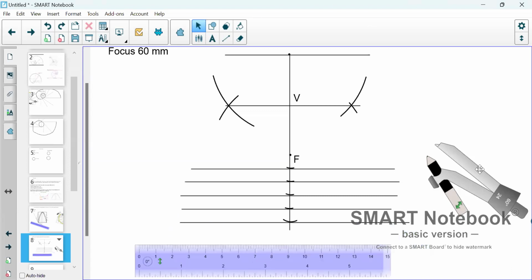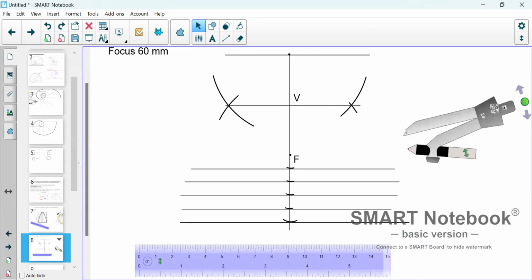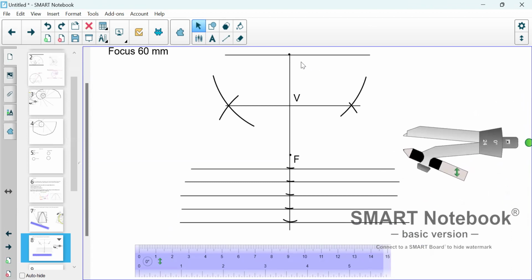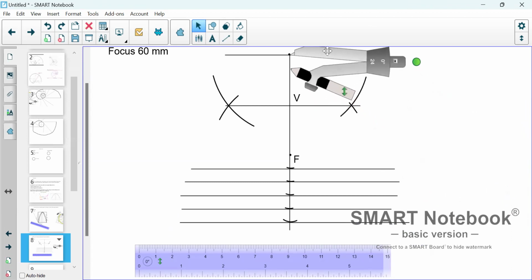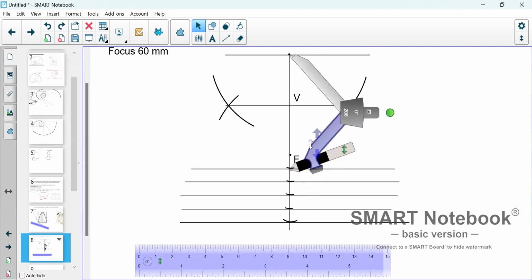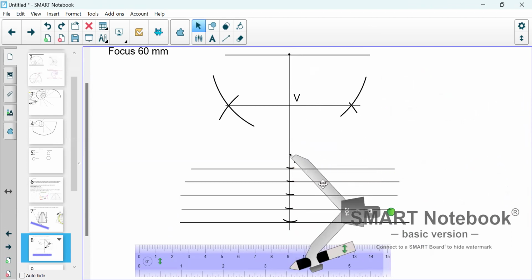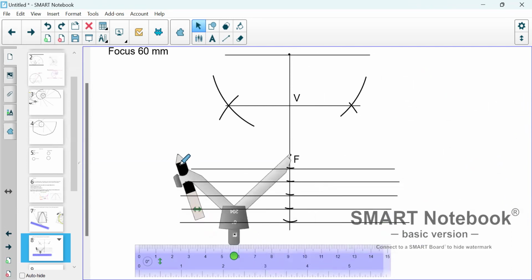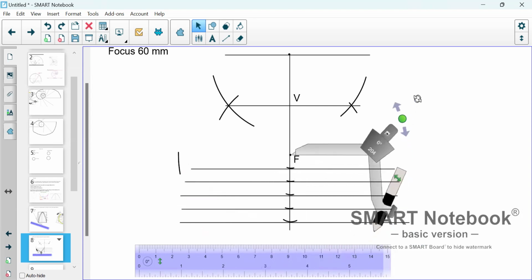Good. So from the point up here on the directrix, we use the length from there. So the first division, we take that length, then we go to F and we mark two arcs. One on this side, one on this side.